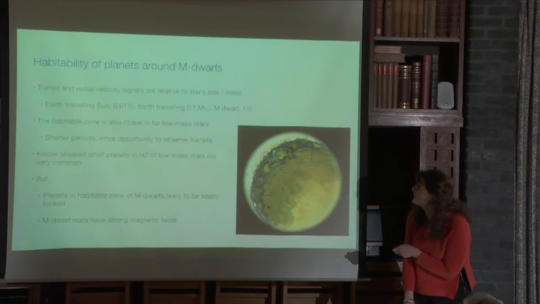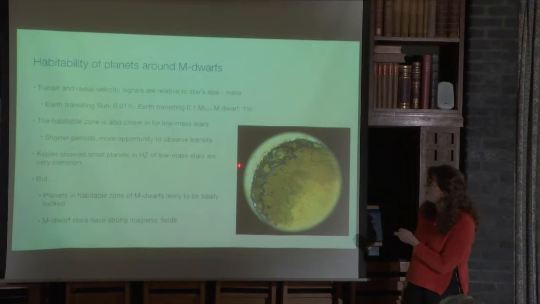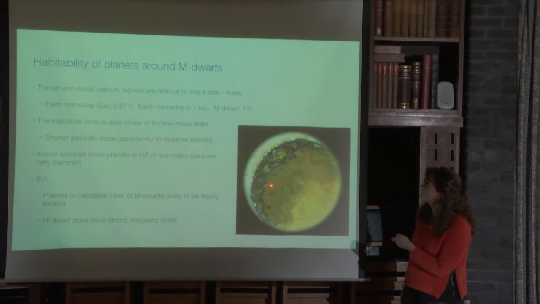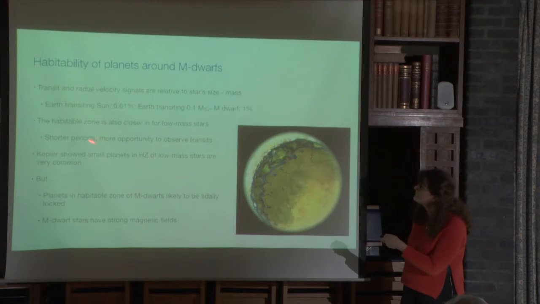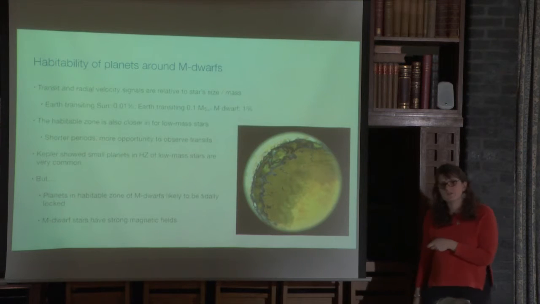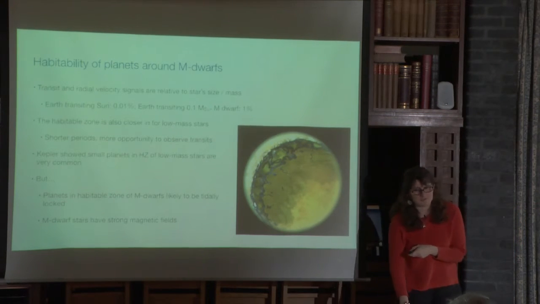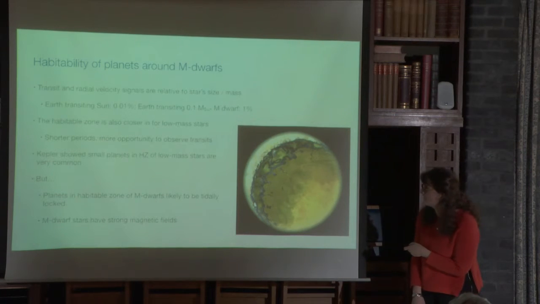And so you might think about whether an M-dwarf planet is habitable. A planet in the habitable zone around an M-dwarf will be easier to detect and easier to probe the atmosphere of. But the habitable zone is closer in for low-mass stars. And that means they're likely to be tidally locked and to receive a lot of high-energy radiation. And that opens a question about whether it might be a suitable place to look for life.